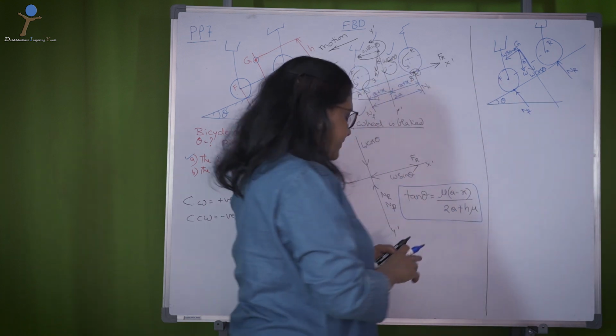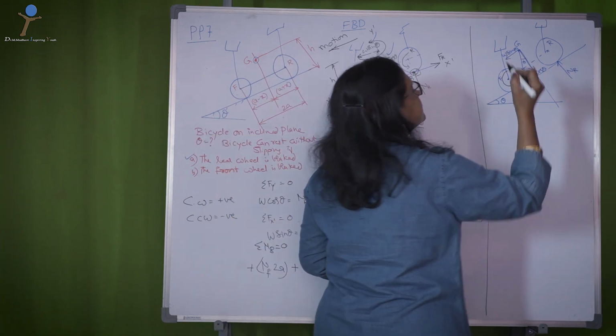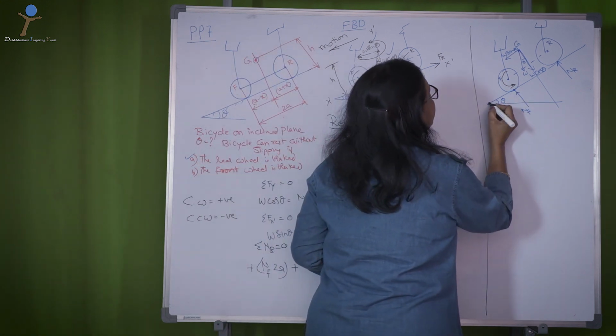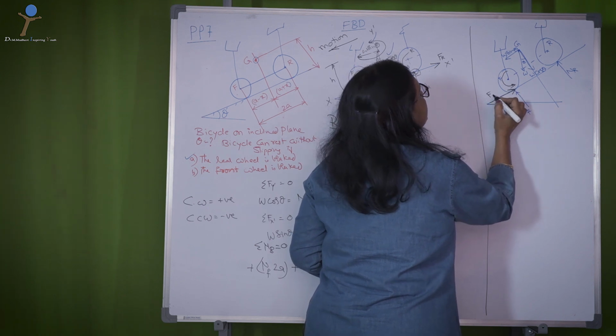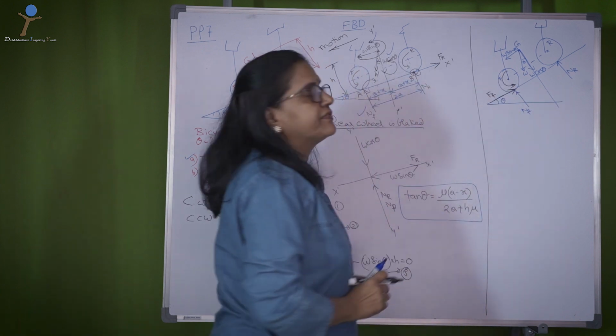The only difference is this time we are considering the front wheel motion, and the friction on the front wheel once the brake is applied is in the upward direction, FF.